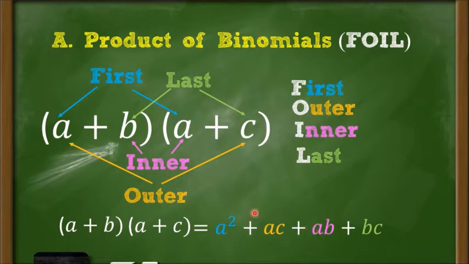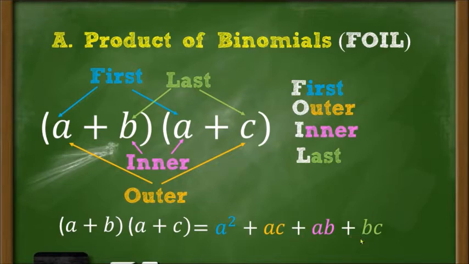Where did we get AB? That is the result of your inner terms. B times A, and having it alphabetically, that is AB. Plus, the last term is coming from the last terms of our two binomials, which is B and C. So this is now our answer, A squared plus AC plus AB plus BC.